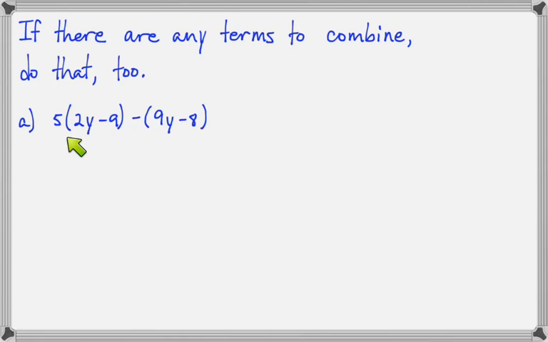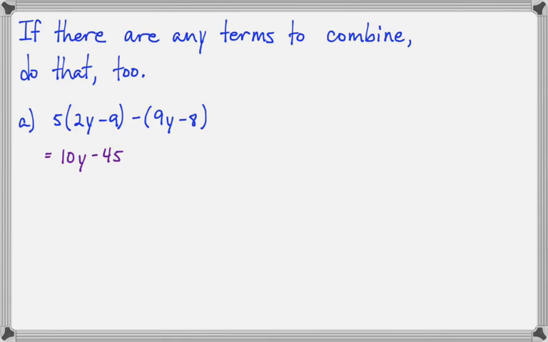In this example, we have 5 times 2y minus 9, minus 9y minus 8. Okay, so distribute the 5 into this parentheses and distribute the negative into this parentheses. Here we go. 5 times 2y makes 10y. 5 times minus 9 makes minus 45.